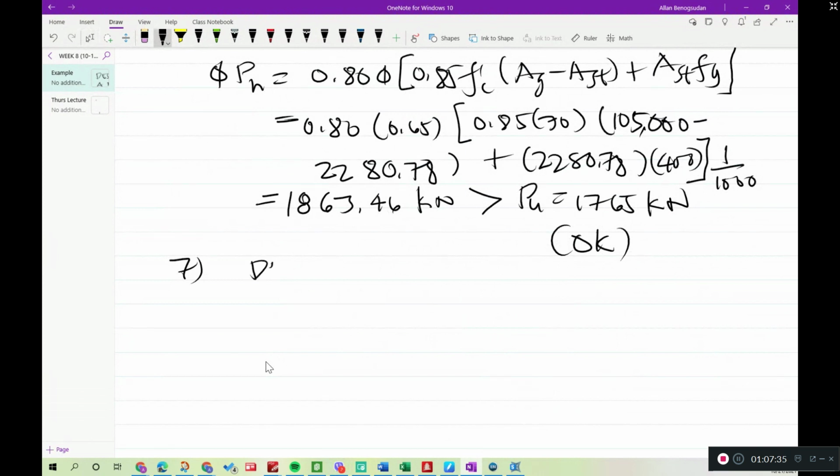Okay, tapos na tayo. We're done already with the main bars or longitudinal rebars, and we're also done with the geometry. Now let us design the ties. Design of ties.